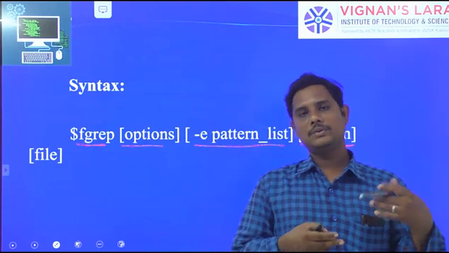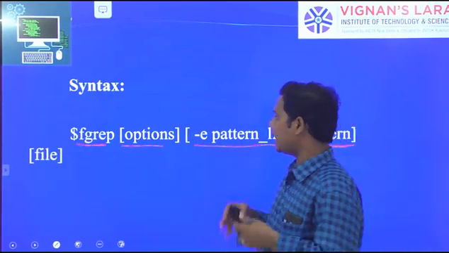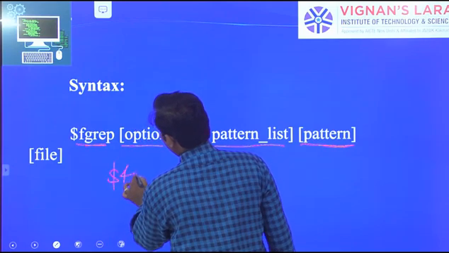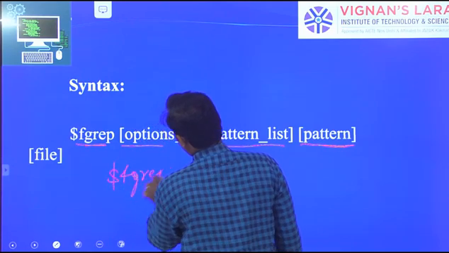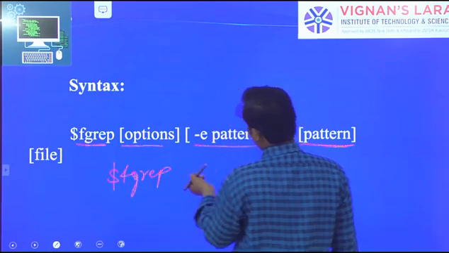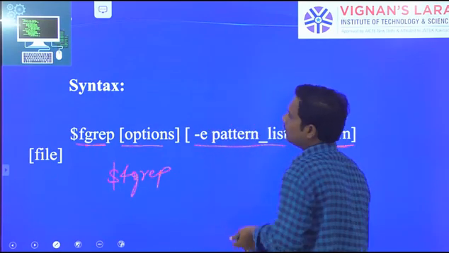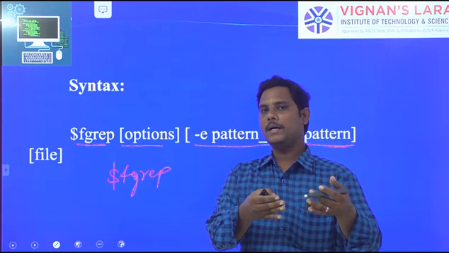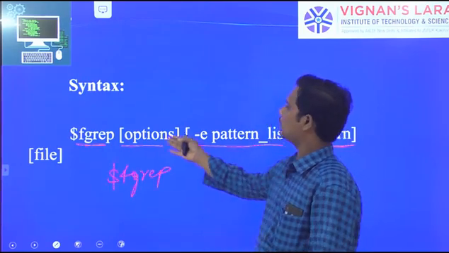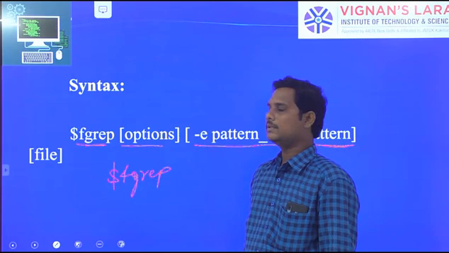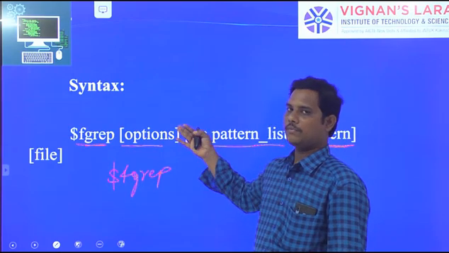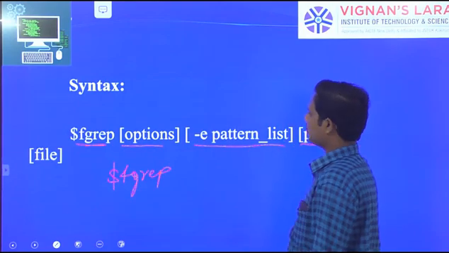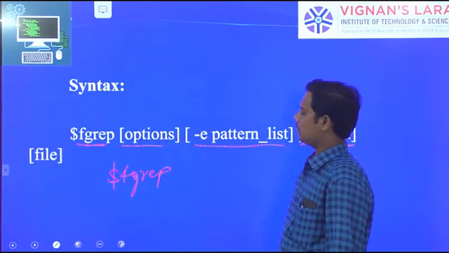If an option is there, you write it. One more important point: whatever options exist in grep or egrep can also be used with fgrep. All those options are used here too.